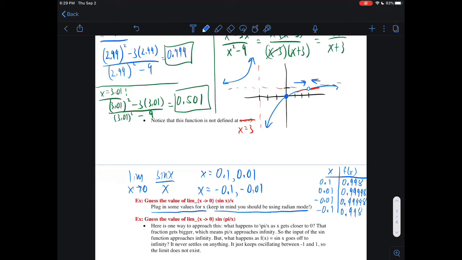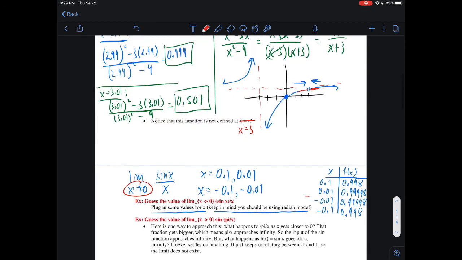So if I was to guess what the limit is, it seems that as x is getting closer to 0, right, which would be sitting right here between 0.01 and negative 0.01, it looks like the function value would be what seems to be close to those numbers. If you were to just do some rounding, it looks like that's approaching 1.